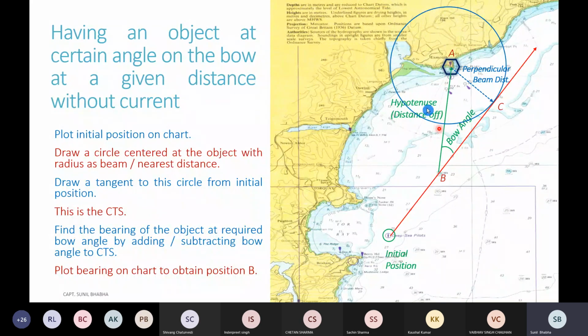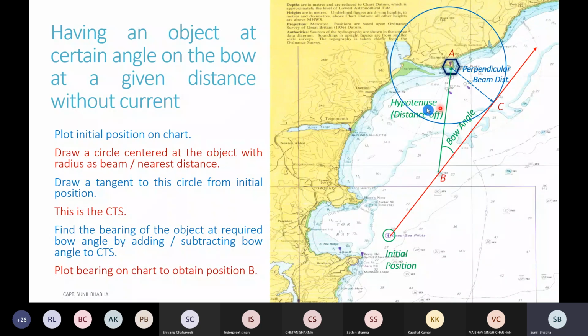So now you can see this is the same ABC right angled triangle. Angle B is the bow angle. Alpha Charlie AC, the dotted line, is the perpendicular which represents the beam distance or the nearest distance, and Alpha to Bravo, the green color line, is the distance off from the lighthouse, which represents the hypotenuse of this particular triangle.